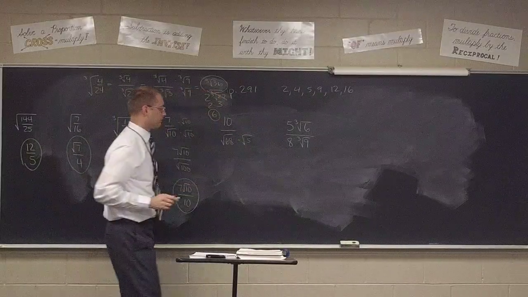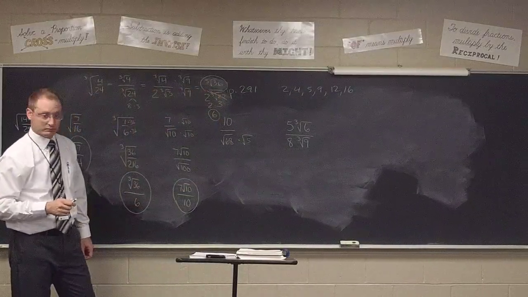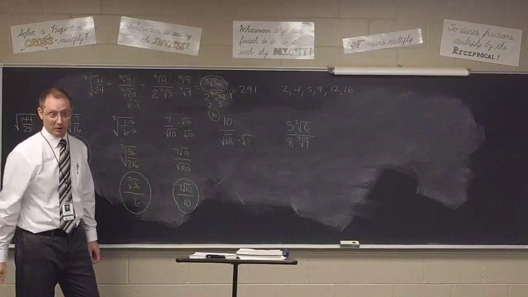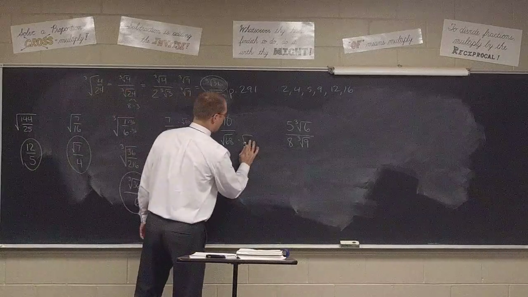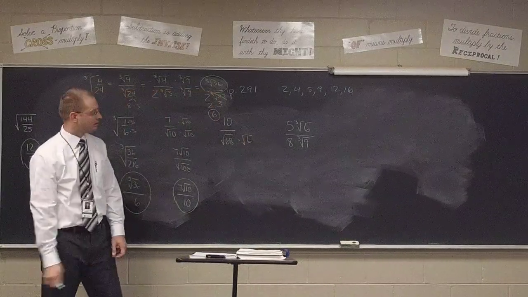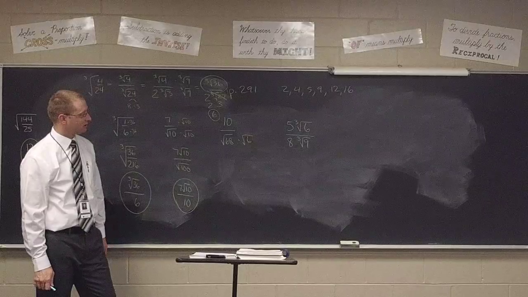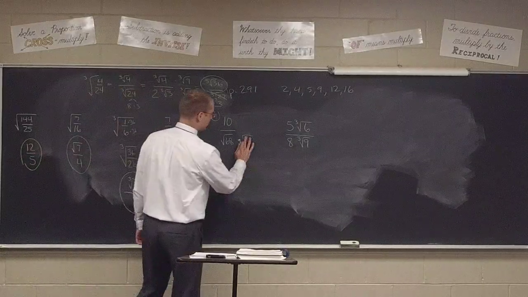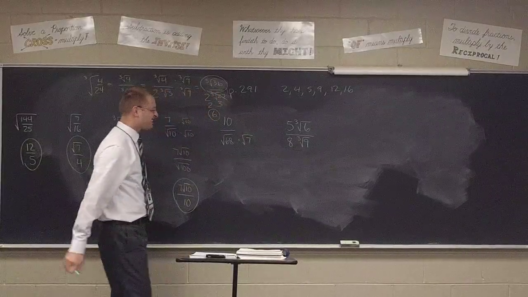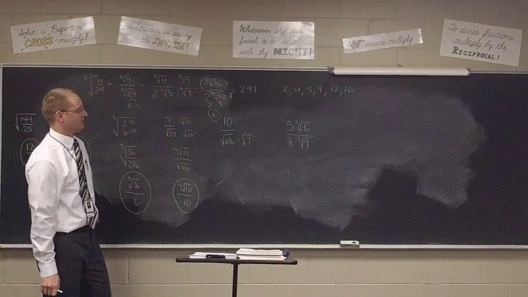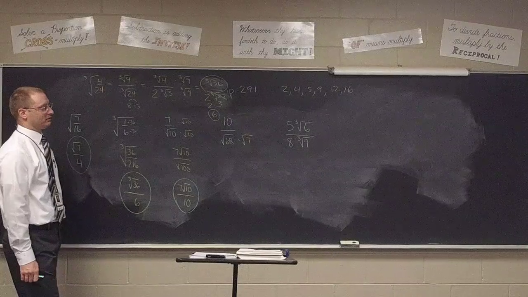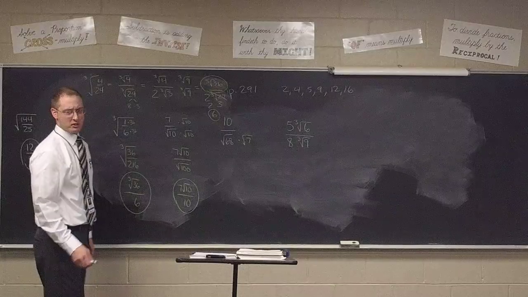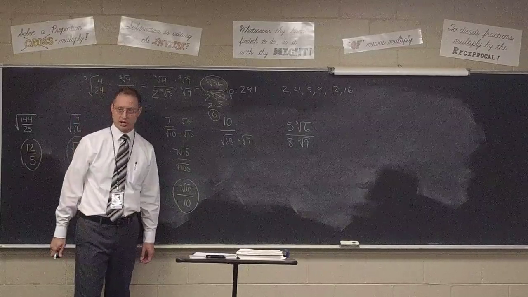How about times 5? 340. Does that help? No. Times 6. 408. This is still not working here. Times 7? 476. I'm almost out of numbers, right? Because we only memorized up to 20 squared is 400.